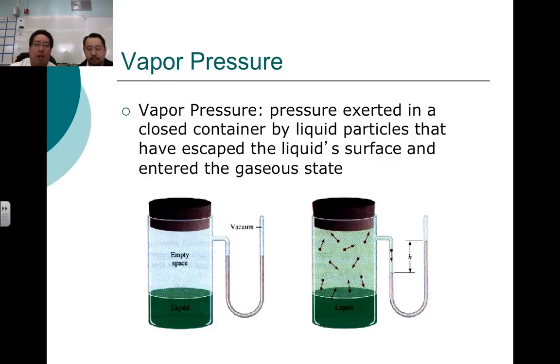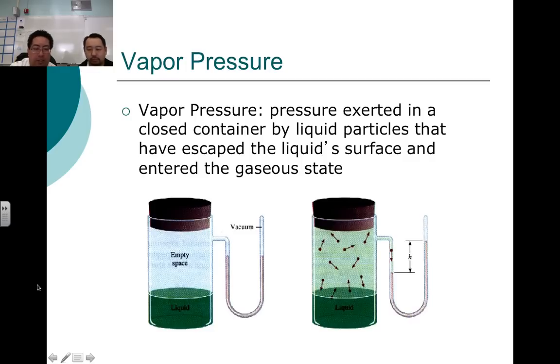One of the colligative properties of solutions is vapor pressure. Vapor pressure is the pressure exerted by a liquid as it evaporates in a closed system. As the liquid evaporates, it forms a gas on its top layer and pushes up on the top of the container, which pushes back down on the liquid. It's an equilibrium state.